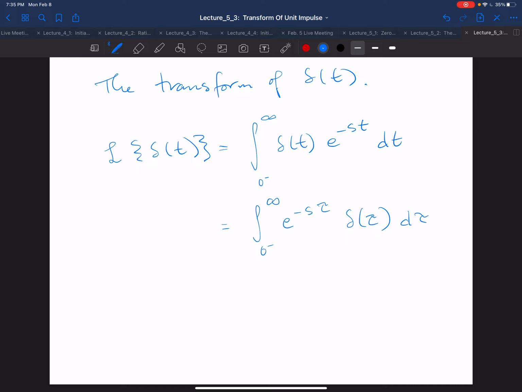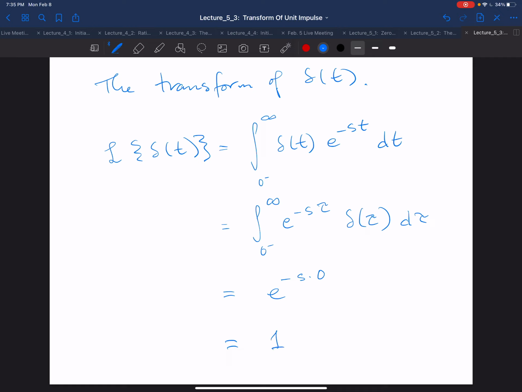So in other words, this is an instance of the sifting property where f of tau is e to the minus s tau and little t is 0. By the sifting property, the value of this integral is just going to be our function, e to the minus s tau, evaluated when tau equals t, which in this case is 0.